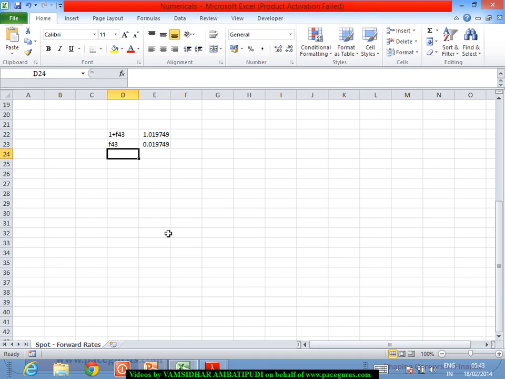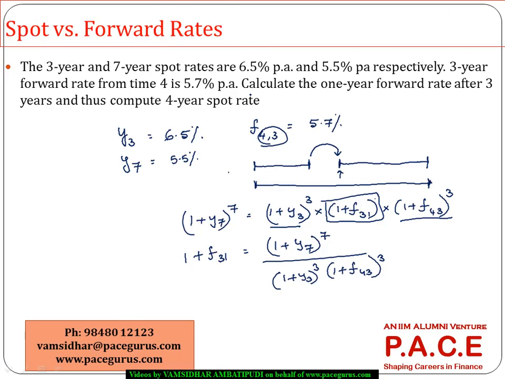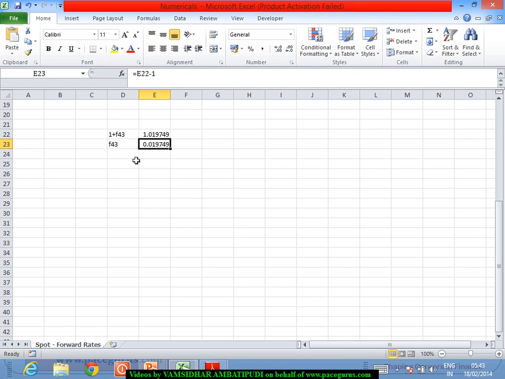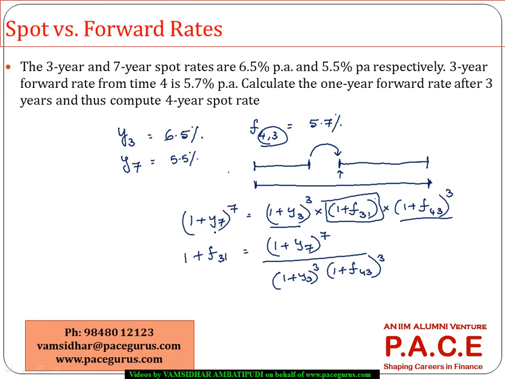So the 3-year forward rate between 3 and 4 years is somewhere around 1.97%. And if I want to know the 4-year spot rate now, the 4-year spot rate again can come out as 1 plus y4 to the power 4 is equal to 1 plus y3 cube into 1 plus f31.